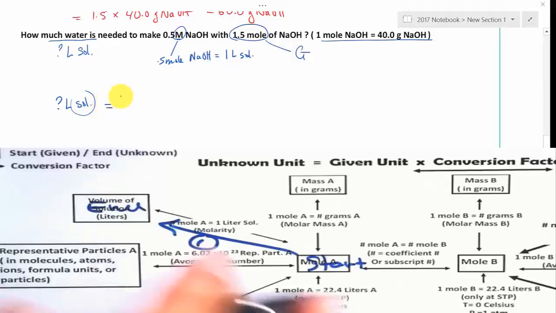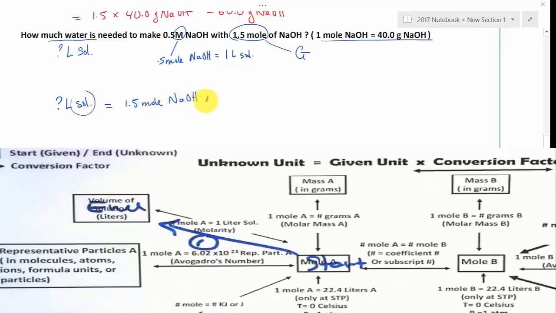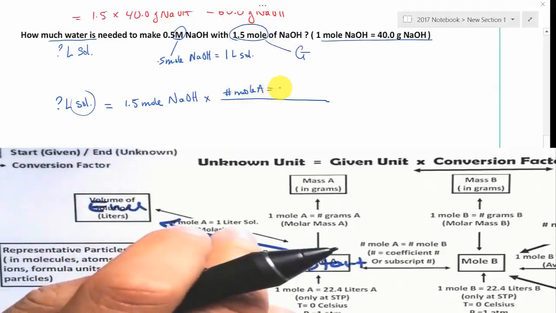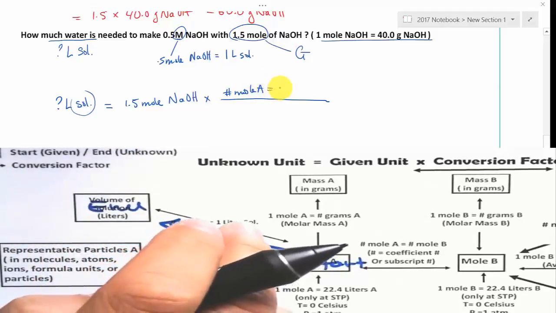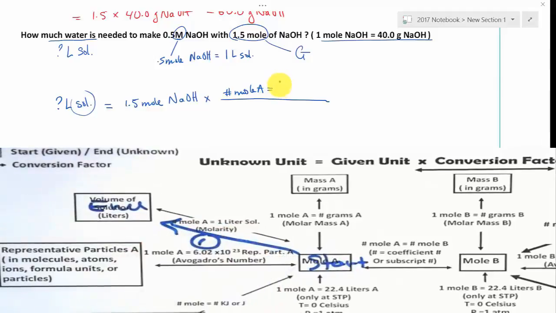And that is equal to the given, which is 1.5 moles of NaOH, okay, times the conversion factor, which is number of moles of A, equal, that's the molarity conversion factor right there, equal to 1 liter of solution. Okay, and do we know what that number is going to be? Of course it's given to us right there. It's actually equal to 0.5. And that's it. That's all we have to do.